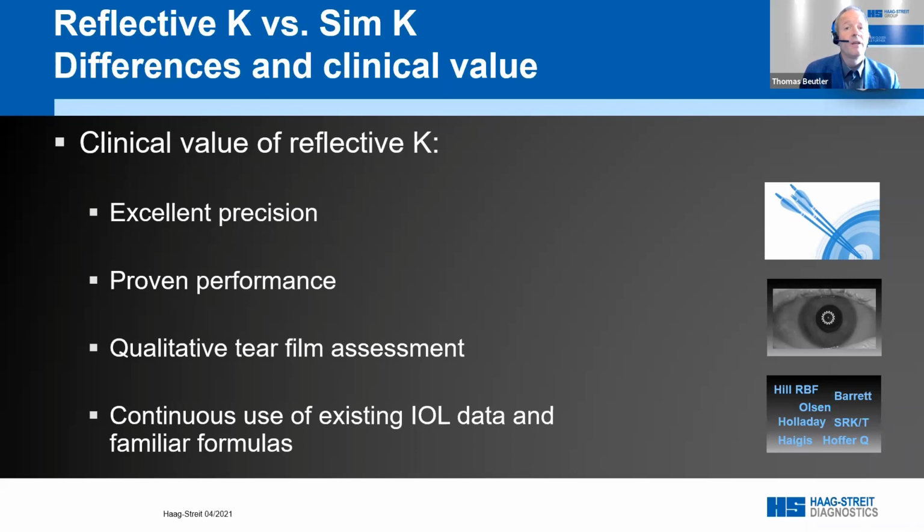And also, you don't have to derive new A constants to start with. You just go with what you have, and you immediately will get good results. And you can improve them by the better quality of measurements you get from the swept source OCT from the Eyestar. And that's why we have not only simulated keratometry, but also real reflective keratometry in the Eyestar.